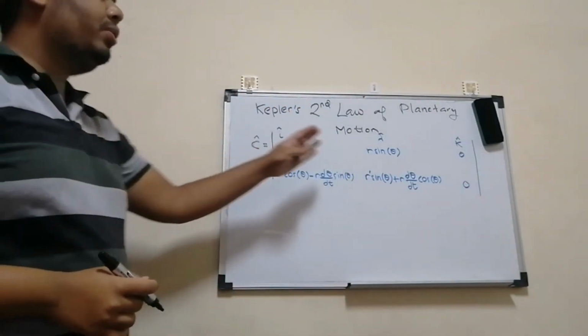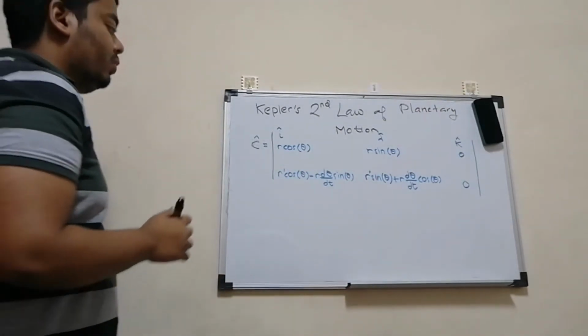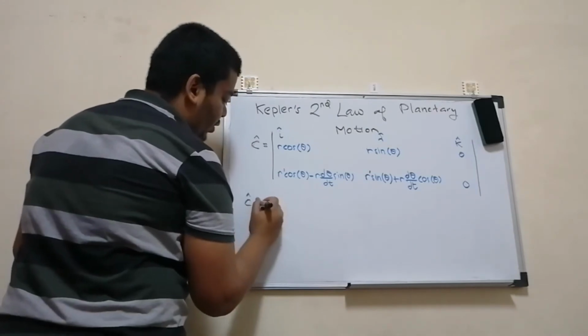So this is a 3x3 matrix. Our vector c is given by the determinant of this 3x3 matrix. So let's find out the determinant, the vector c.